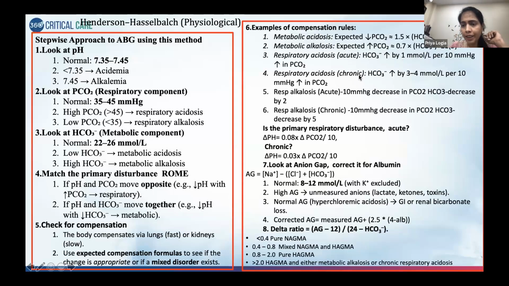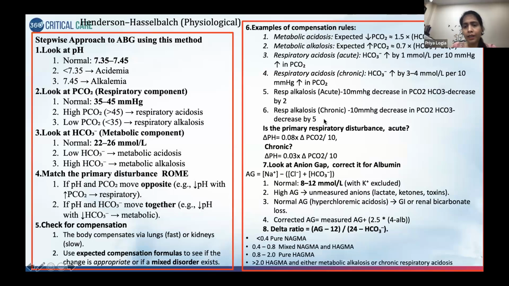If it is a chronic condition, for every 10 above 40, your bicarbonate will increase by 3 to 4. Similarly, in respiratory alkalosis, acute scenario, for every PCO2 decrease by 10 below 40, your bicarbonate is going to decrease by 2. In chronic respiratory alkalosis, it is going to decrease by 5.